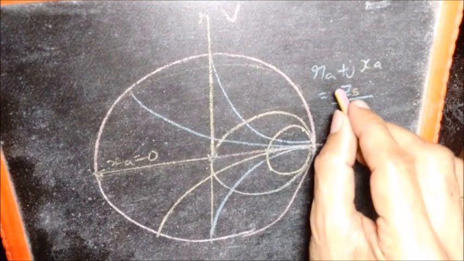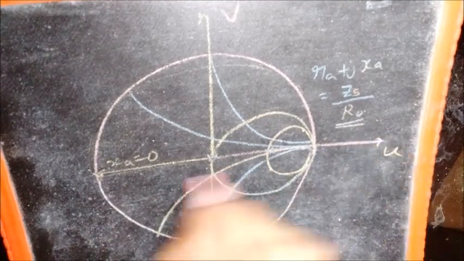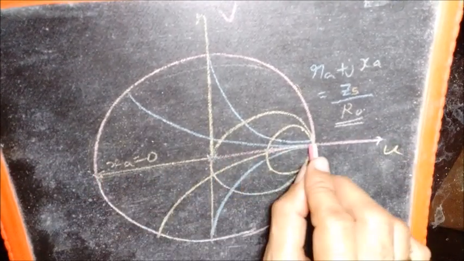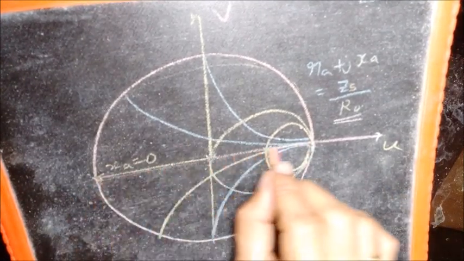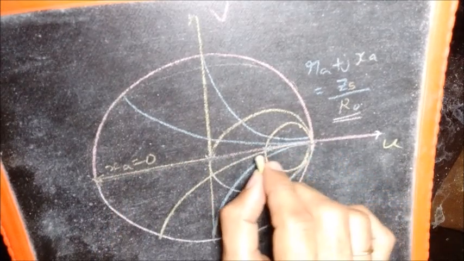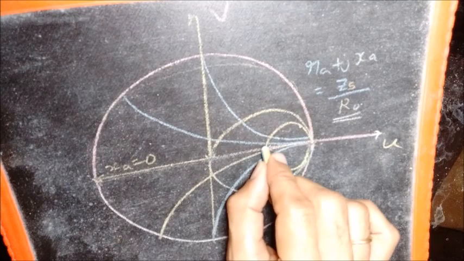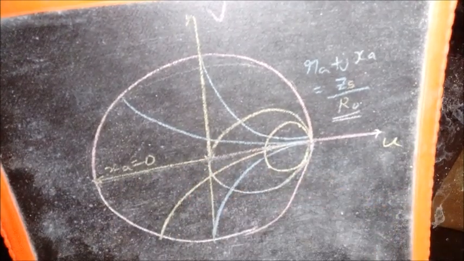Which means that on this horizontal axis, XA is 0, so whatever impedance you have on this axis is real. That is one point.